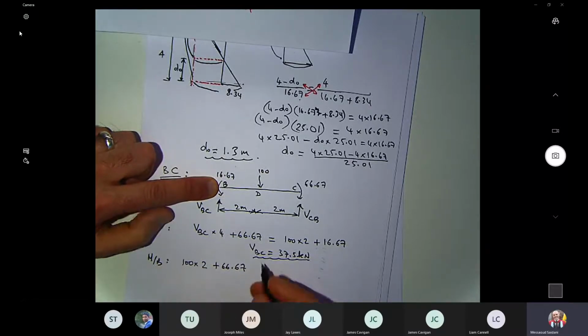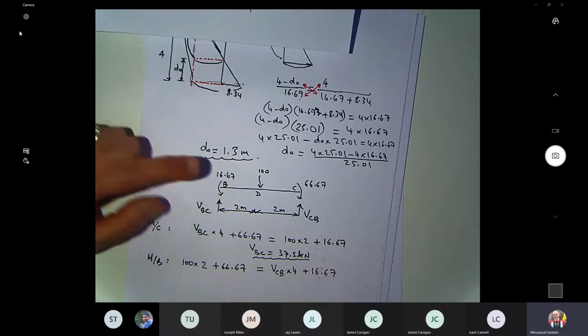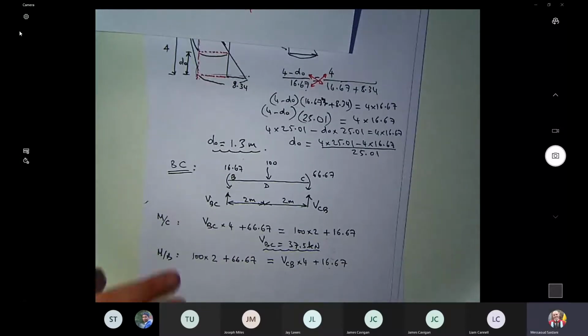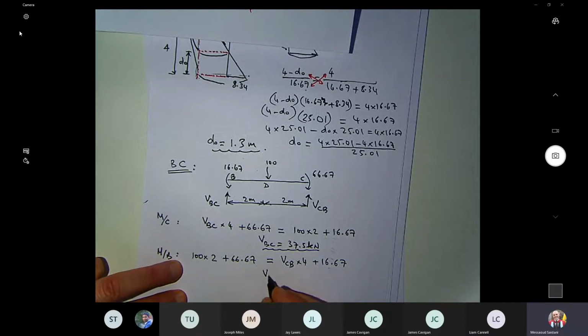I think that's everything clockwise. Then anti-clockwise, I have VCB times 4 plus 1667. And again, please do check it. I've got VCB 62.5 kilonewtons to 1 decimal place.